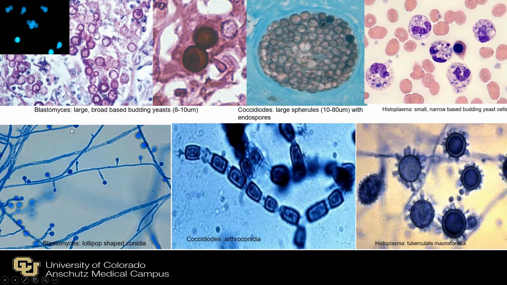Again, to give an example of how a dimorphic fungus will look in different areas. In the body, Blastomyces forms these nice big yeast forms, and outside in the culture, it does this hyphal form with lollipop-shaped conidia. Same with cocci.